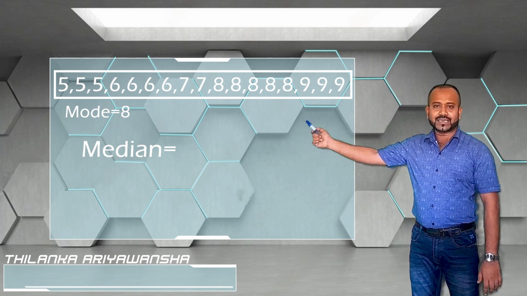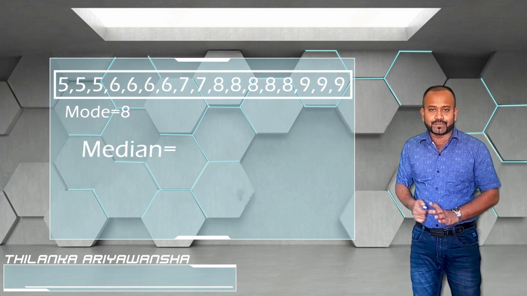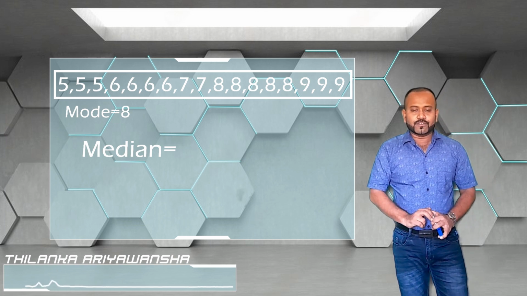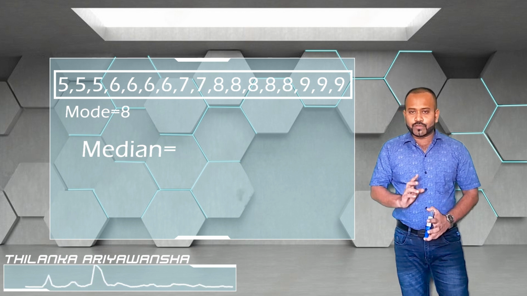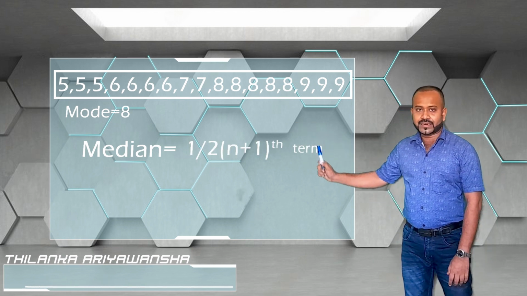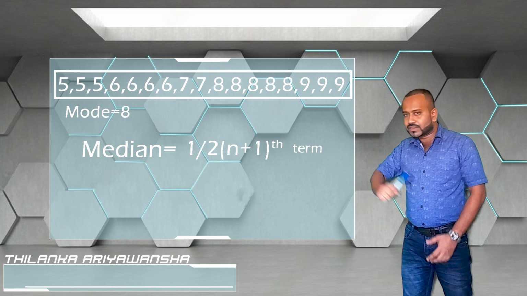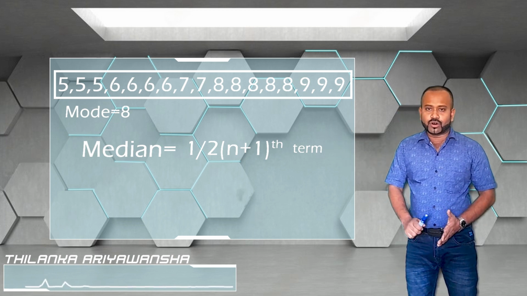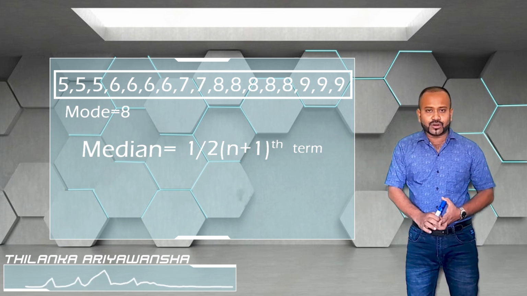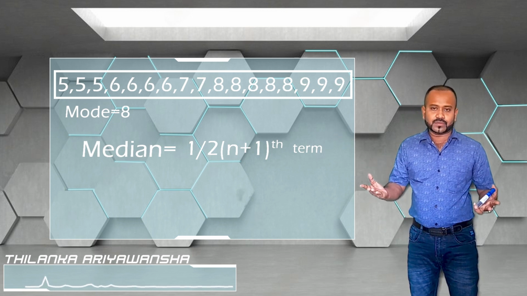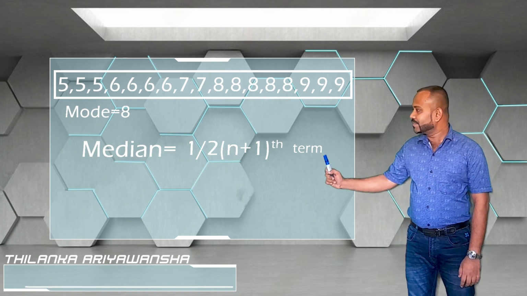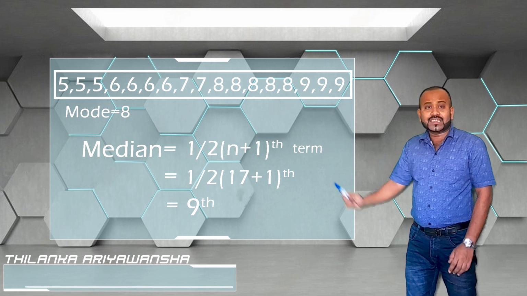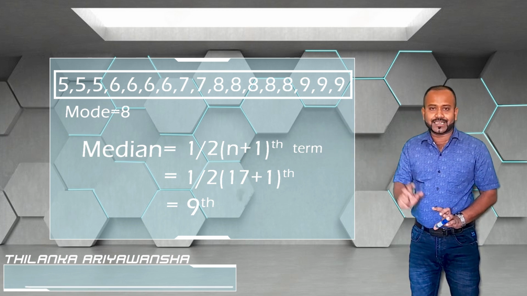There are 17 values here. To select the middle one, we can use a formula: half times (n plus 1)th value, where n stands for the number of values. We have 17 values, so it is the half times (17 plus 1)th position.